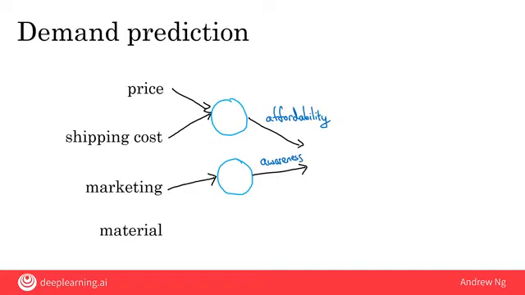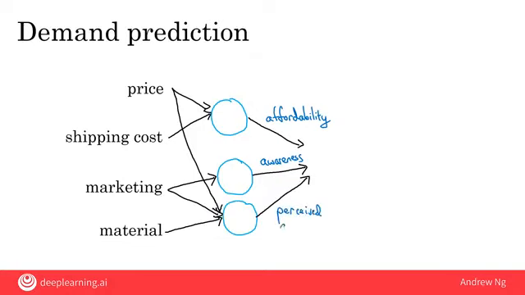Finally, the perceived quality of your product will also affect demand, and perceived quality would be affected by marketing, if the marketing tries to convince people this is a high quality t-shirt, and sometimes the price of something also affects perceived quality. So I'm going to draw here a third artificial neuron that inputs price, marketing, and material, and tries to estimate the perceived quality of your t-shirts.